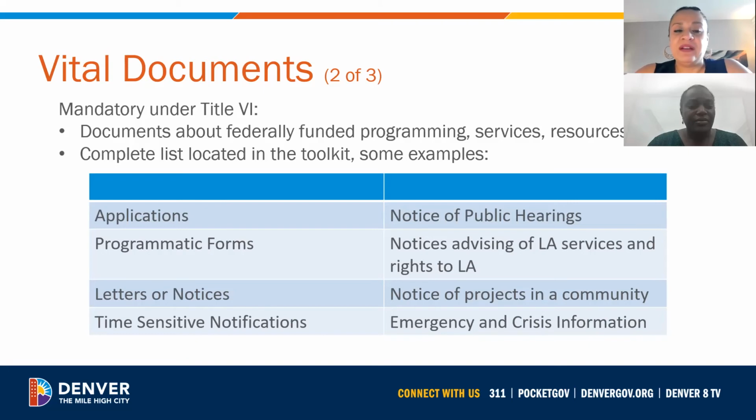Any kind of programmatic forms that we talk about in receiving benefits, letters or notices, especially for those that may be missing information or data or documents and can't get a certain type of benefit, have to be translated into their preferred language.